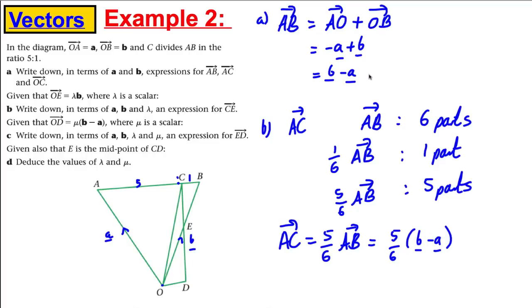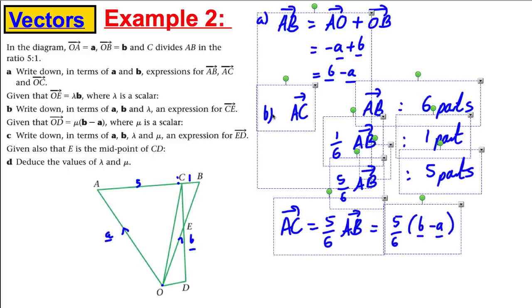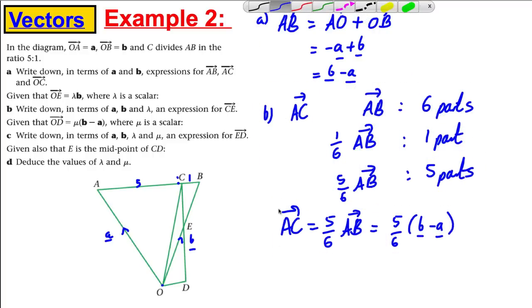How would I get from O to C? I could go O to A and then A to C, which I've done above.